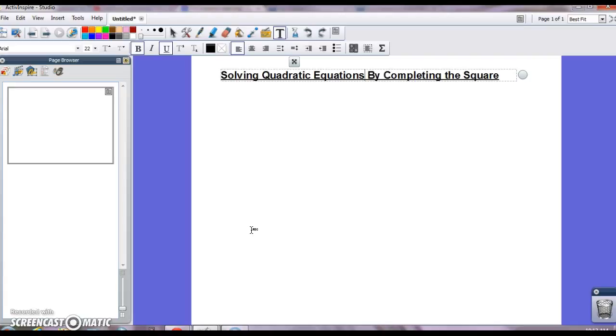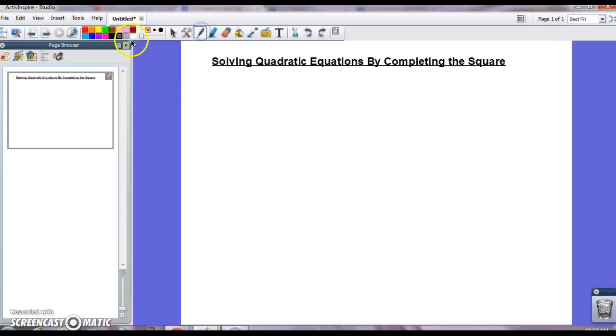We can use completing the square even if it is factorable, but you can absolutely use it if it's not factorable as well. So we'll go through an example of each of those. So let's say our first equation is this, x squared minus 4x plus 3 equals 0.